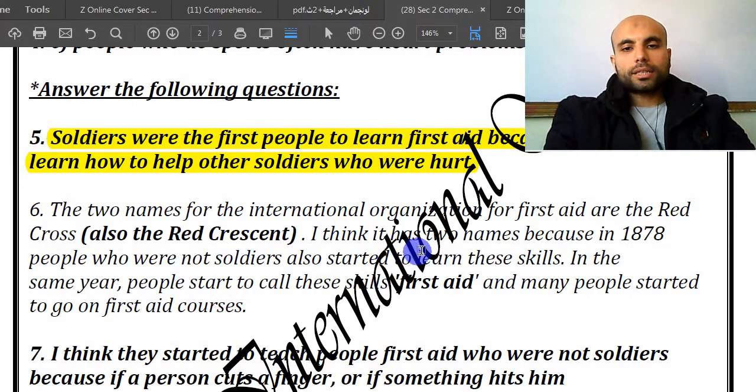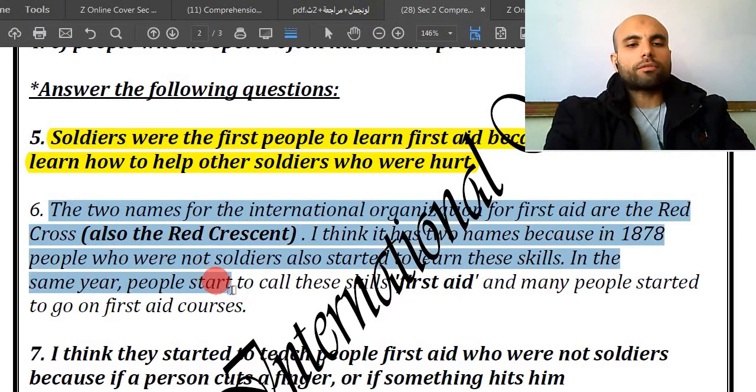I think it has 2 names because in 1878 people who were not soldiers also started to learn these skills. In the same year, people started to call these skills first aid, and many people started to go on first aid courses. So all of this will be the answer of number 6.